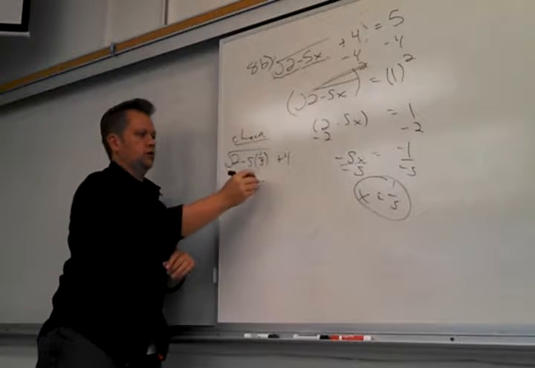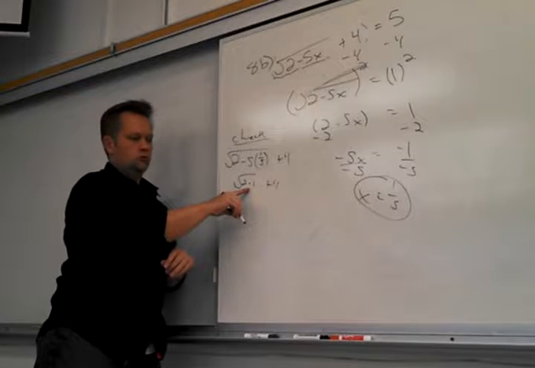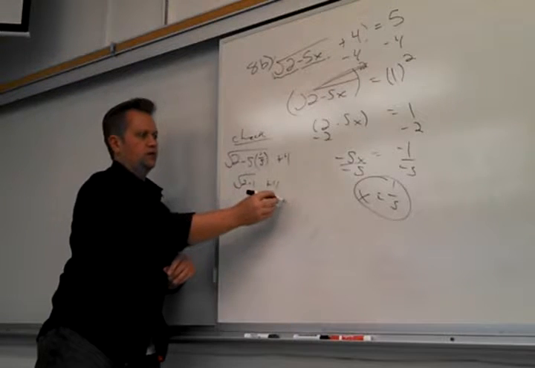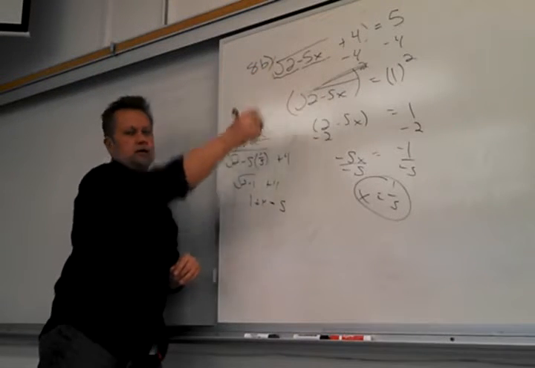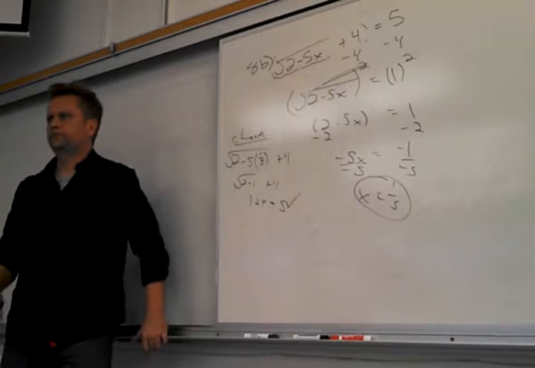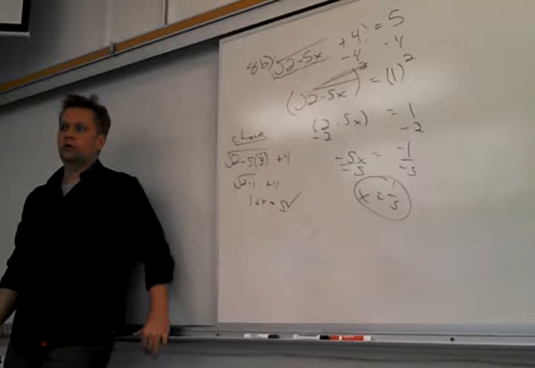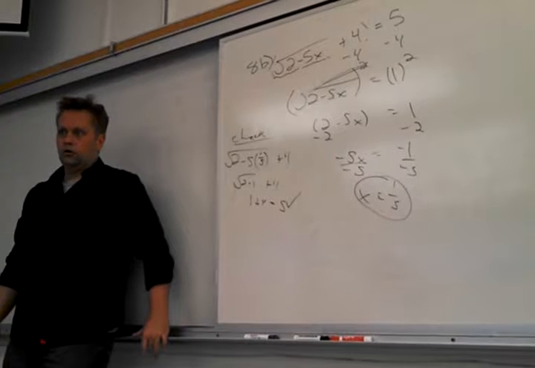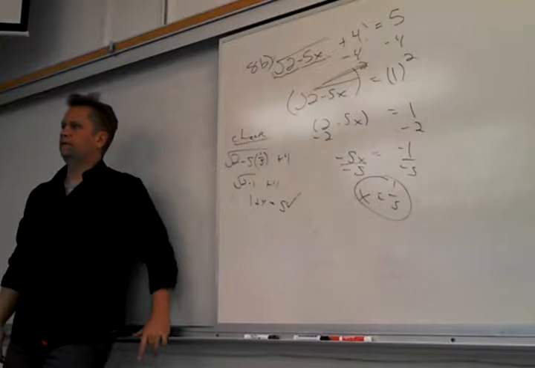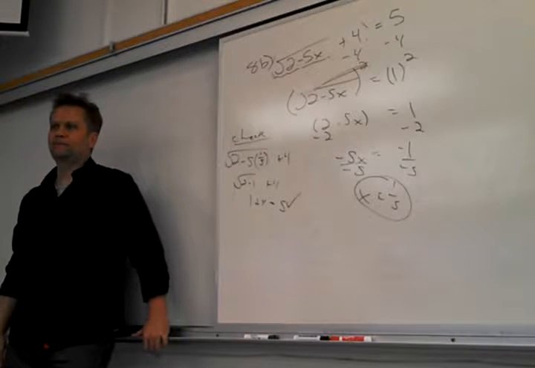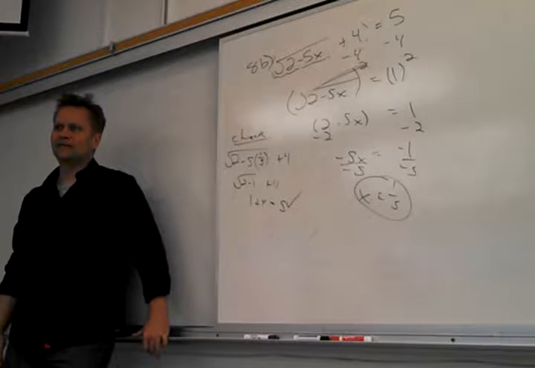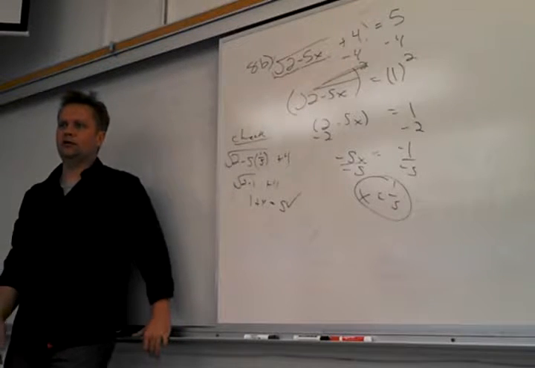So what's the square root of 2 minus 1? 1. 1 plus 4 is 5. Check. Yay. Do I need to show the check on the test? What do you think? Yes. Sometimes we can just check in our minds, but then it's really hard for me to check your work.